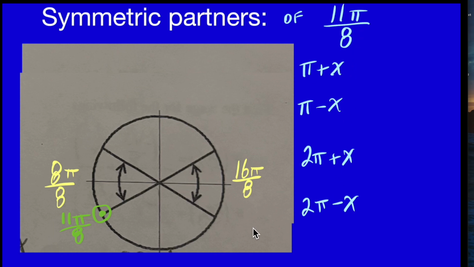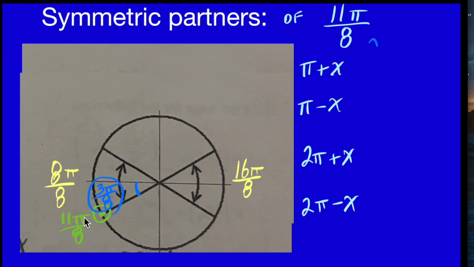Rather, the x is going to be the positive distance from 11 pi over 8 to our x-axis. So this is going to be 3 pi over 8 that we're going to use. That is our reference angle. Not negative 3 pi over 8, but the reference angle is just right there. That's 3 pi over 8, which is the distance between 11 pi over 8 and 8 pi over 8.